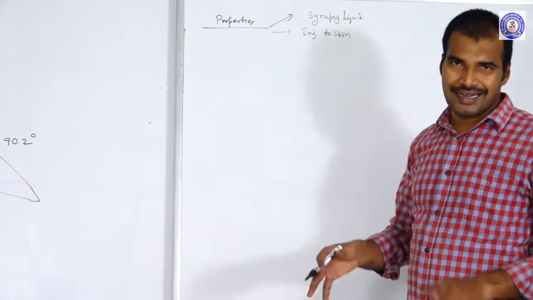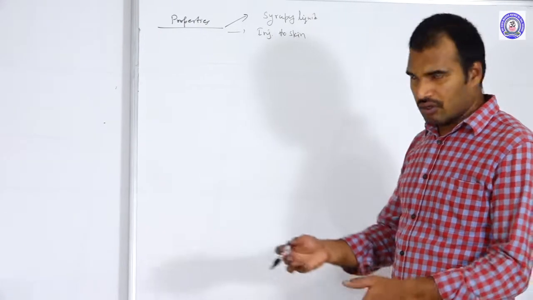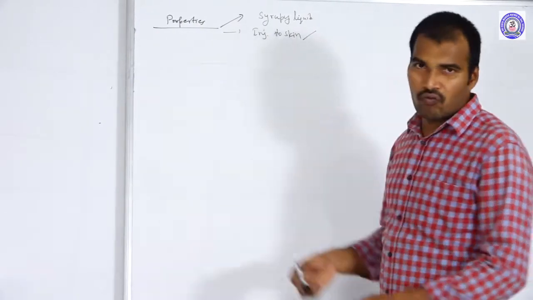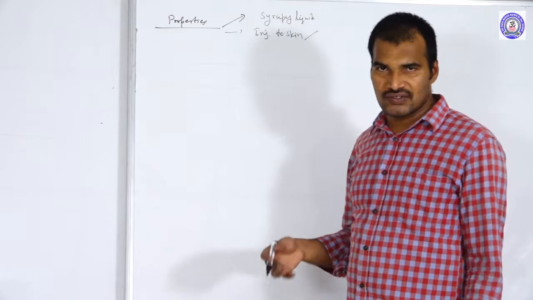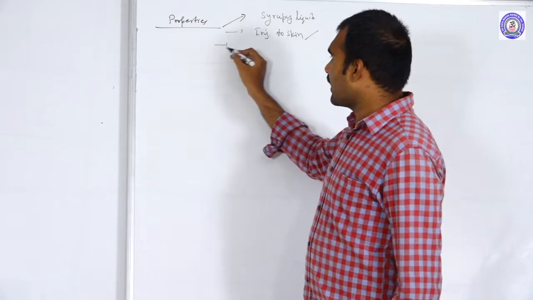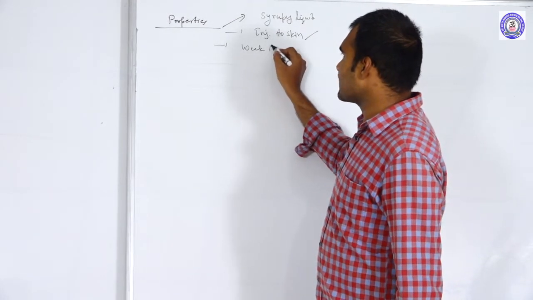That is why we should not let it contact the skin. For curing wounds only we will use H2O2. Otherwise, it is injurious to skin, and it shows weak acidic nature.